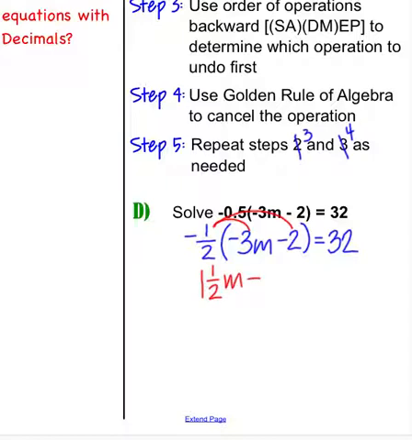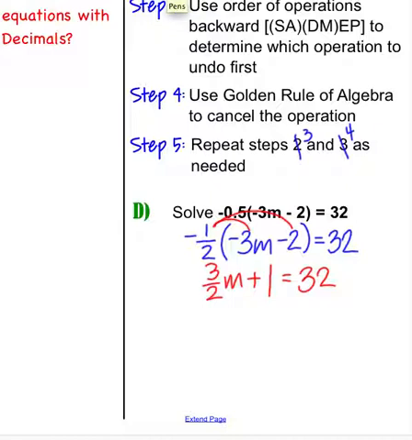And minus a negative times a negative, once again, is positive, so we'll plus it. Half of 2 is 1, equal to 32. Now, for the sake of ease later, I'm going to take this 1 1/2, get rid of it, and change it back into 3/2, because we'll end up having to change it that way later.